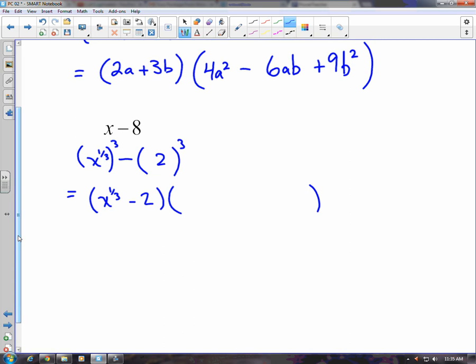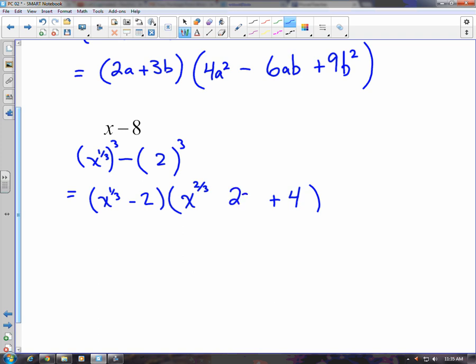And then the rest of it, you just go through. It's that first term squared. So x to the 1/3 squared is going to be x to the 2/3. The last one is the easy one, and that's just the second term squared. And then the middle one is just the product of those two.